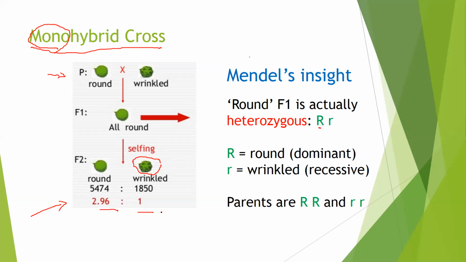Please remember these magic numbers. We're going to keep using them to help us understand the genetics behind this, and also to help us solve the questions in your quiz and in the exams.